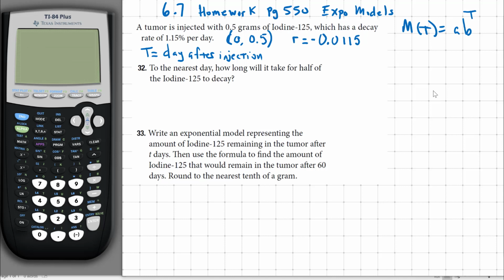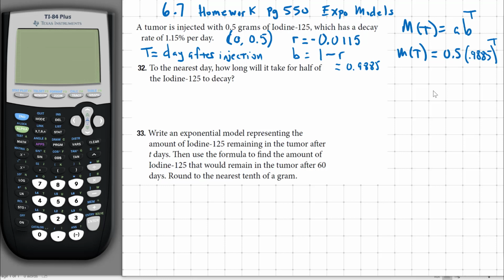So we have the medicine at the time with the initial amount, 0.5, and we need B. B equals 1, and in this case, it's decay, so I'm going to use minus R. So B is going to equal 0.9885 to the T power.